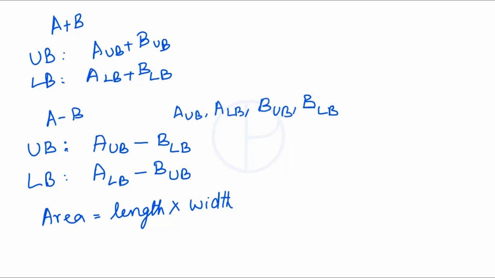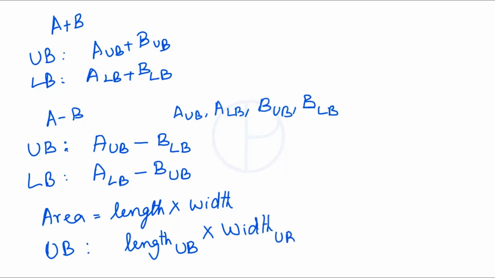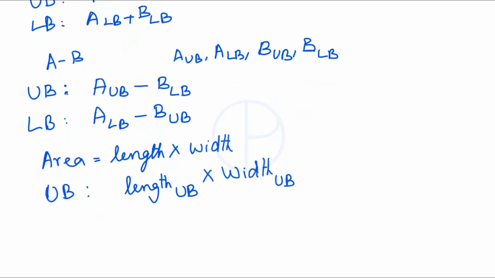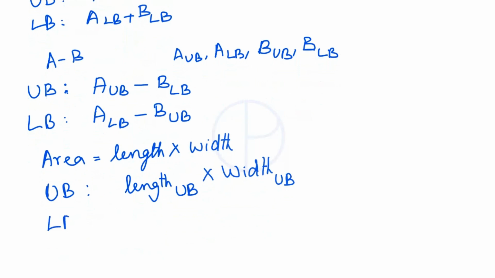You have to take the upper bound value for length and width. To get the lower bound value, take the lower bound of length and lower bound of width.